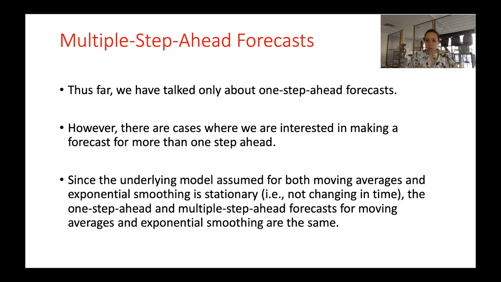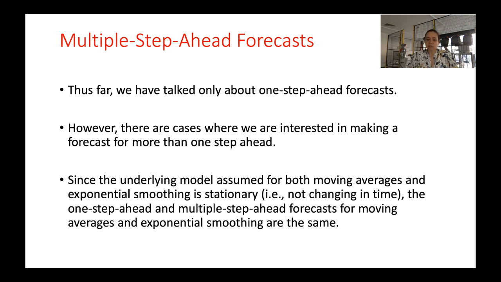But in June, the forecast that he will make for July will be the same as the forecast he will make for December if he uses the methods moving averages and exponential smoothing, because the underlying models assumed for both of the methods are stationary. I mean, it is not changing in time.